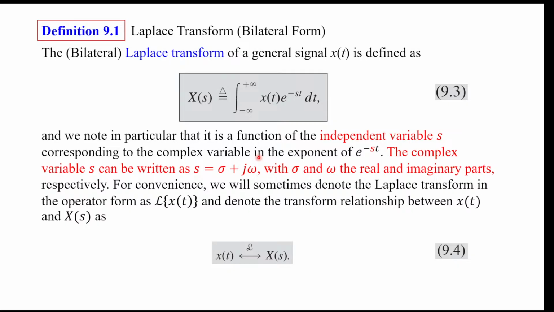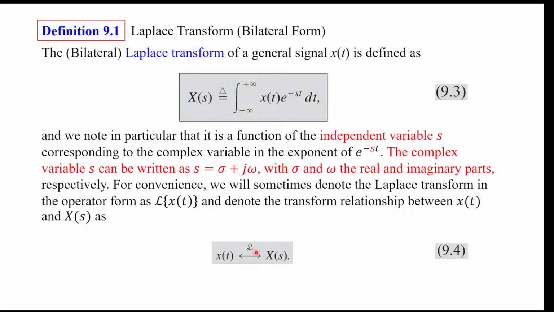We have some notation here. Just like the Fourier transform, we write the Laplace transform pair like this: small x of t and big X of s. Although we haven't proved it, there is an inverse Laplace transform, so from big X of s we can transform back to small x of t.